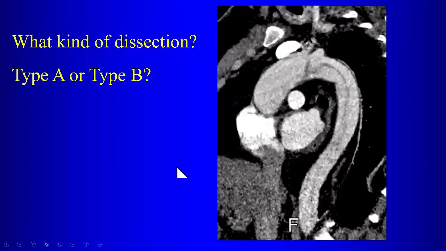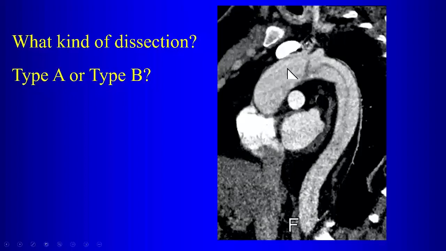Now, if I show you this case, what type of dissection is this? Is this a type A or a type B? Well, where does the dissection go? It does go right. So what part of the aorta is this? Yeah, this is the arch.